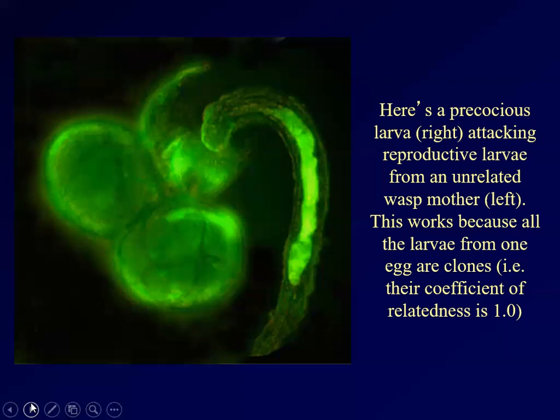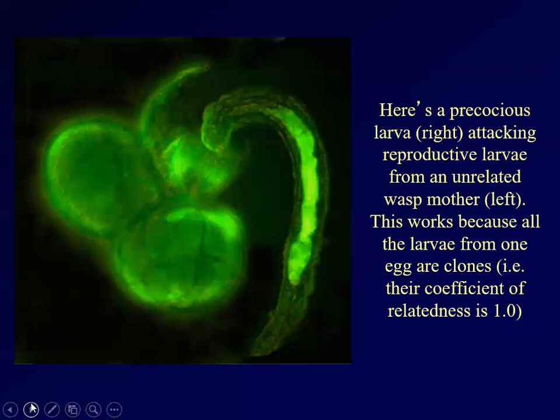Well, it works because the larvae from the same parent are not just relatives, they're clones. Right? They are as genetically similar as identical twins would be, and their coefficient of relatedness is 1. So if there are genes that make some larvae become precocious, and one precocious larva dies, but 2 of its identical siblings get saved, then that gene is going to get passed on and increase in frequency in the next generation.